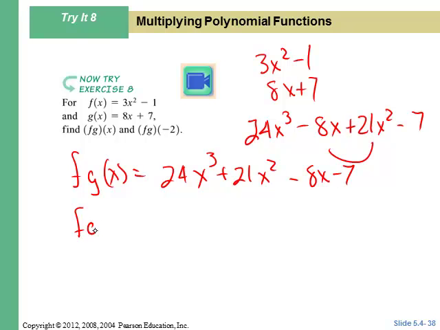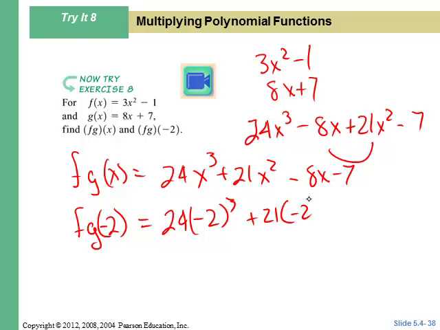And then f times g of negative 2 is 24 times negative 2 cubed plus 21 times negative 2 squared minus 8 times negative 2 minus 7. Negative 2 cubed is negative 8. 24 times negative 8 is a lot.